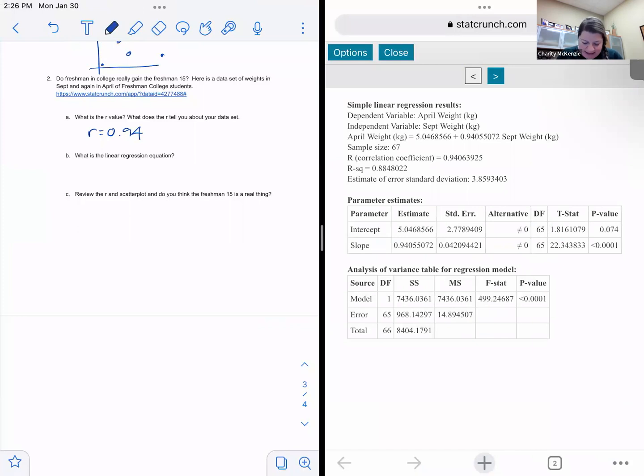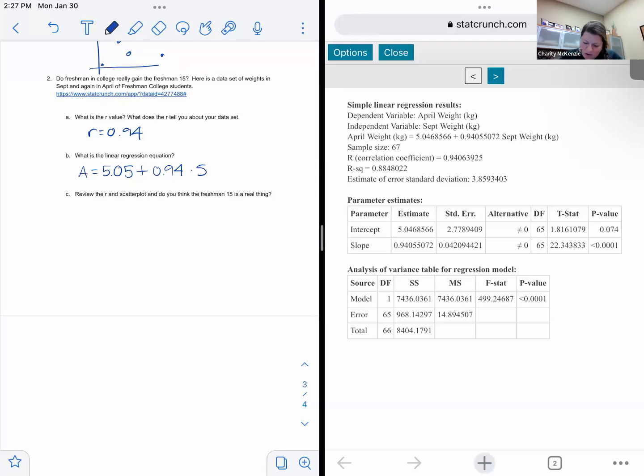The equation of the line is April's weight equals 5-ish point, I don't know, 0.4. Oh, that would be a 5.05 if I round to 2 decimal places, plus 0.94 for 2 decimal places times September. Ooh, it changed that on May 9th. Let me rewrite that piece there. Times September, however you want to think of that.